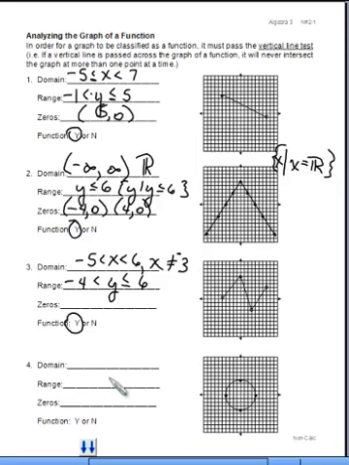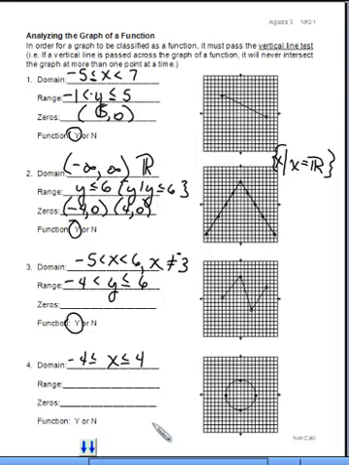Okay, domain. We have a circle. There's nothing excluded. There's no open circles along the way anywhere. So the lowest x is -4. The highest x is 4, and it's all included, so it's less than or equal to.